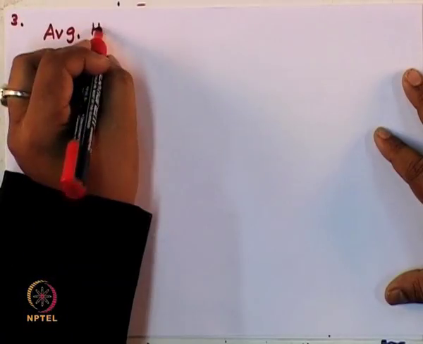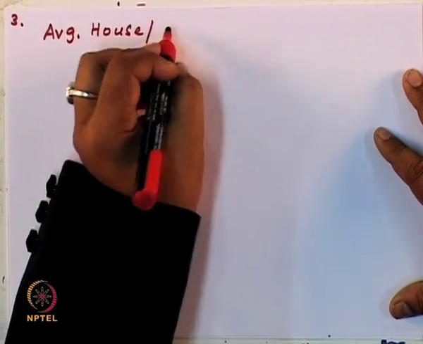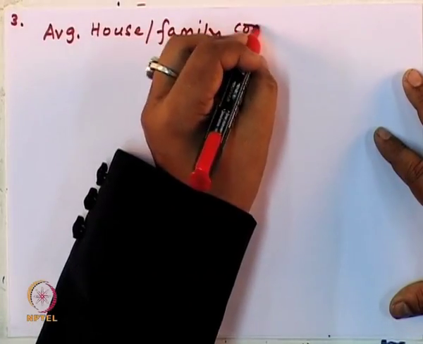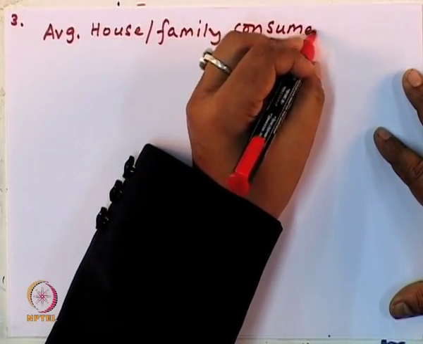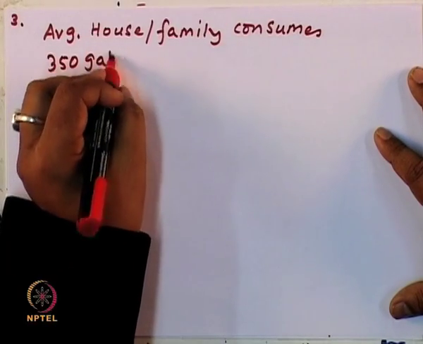Imagine it is estimated that the average house or family consumes 350 gallons of water per day.